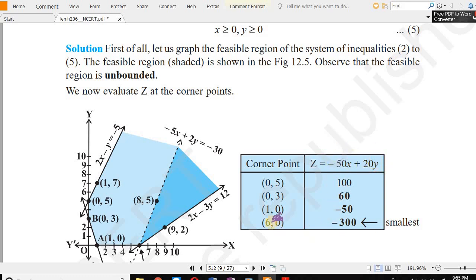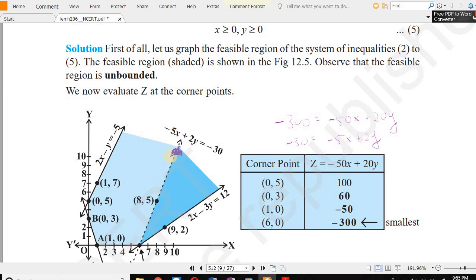Right? So this corner point here corresponds to minus 300 equals minus 50x plus 20y. Now I can divide by 10 and I'll get minus 30 equals minus 5x plus 2y. That's a little bit easier to plot. Now if I plot this line, this is what I get.